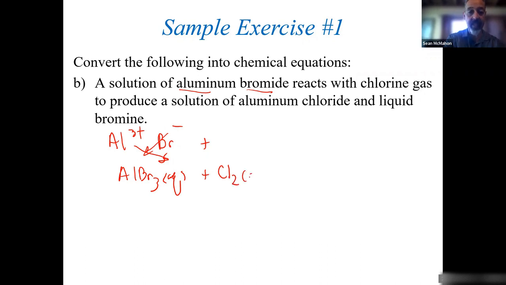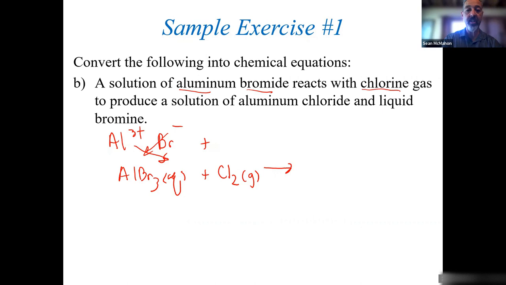And they're telling me it's a gas because in nature, you find that element of chlorine as a gas. Now, why did I write 2? Because chlorine's one of the 7 diatomics. So if I say chlorine, it's like saying oxygen. It's a diatomic. So if chlorine's by itself, okay, it's not in a compound, it's a diatomic in elemental form.